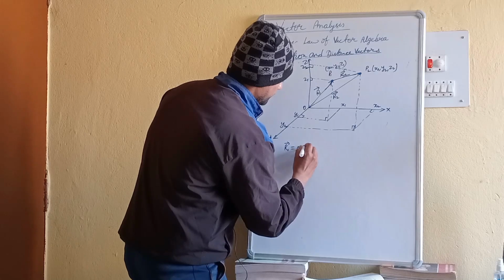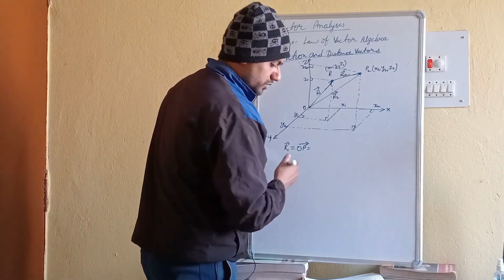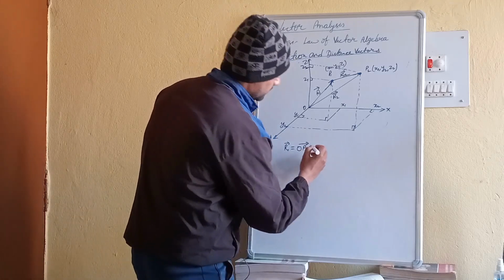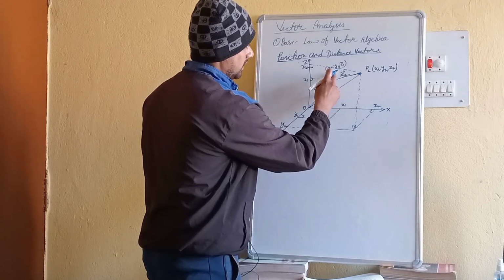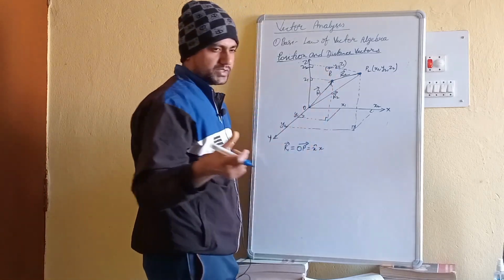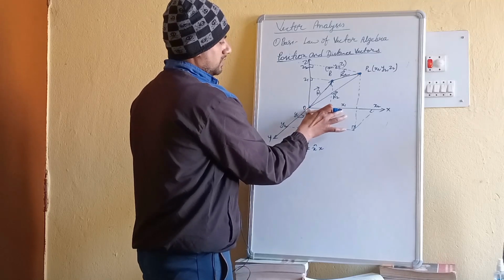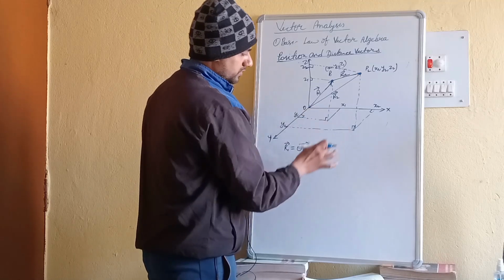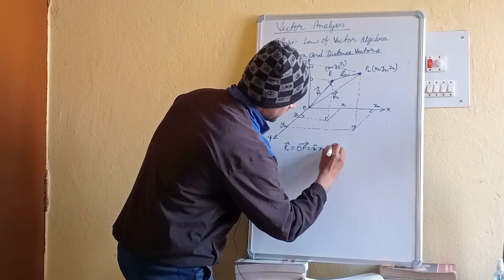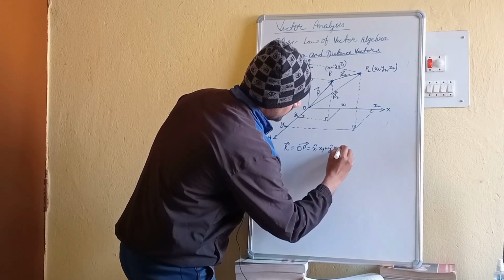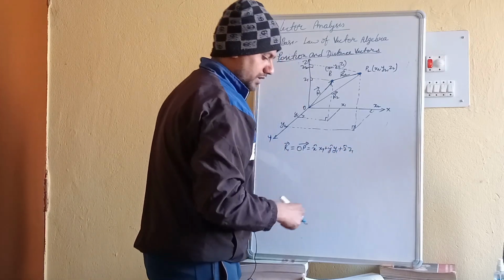OP1 vector is equal to, by using the components, x cap times x1, the distance OX1, then y cap y1, plus z cap z1.